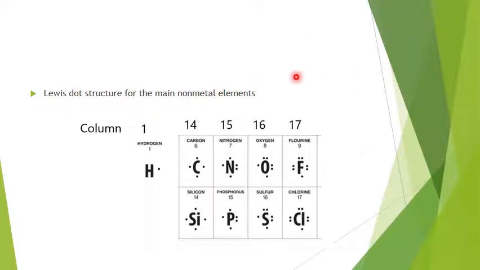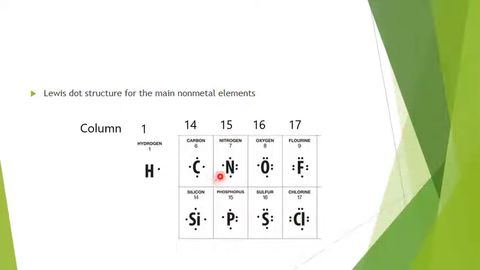Okay, and so these are the Lewis dot structures for the main elements that we've talked about. Here's carbon, and here's oxygen. Nitrogen has 5 valence electrons. The 7 is not how many valence electrons; that's how many total electrons it has. It has 5 valence electrons because it's in column 15. So 14, 15, 16, 17.